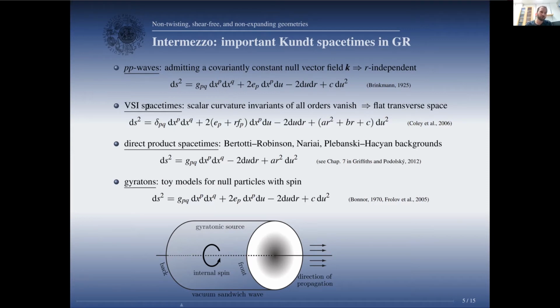In the Kundt class, there are also VSI spacetimes with vanishing scalar invariants, direct product spacetimes, or so-called gyratons, where these off-diagonal terms play an important role in encoding some rotating character of the source. And I mention it here because I won't be interested in these off-diagonal terms in the rest of the talk, so we can skip it.